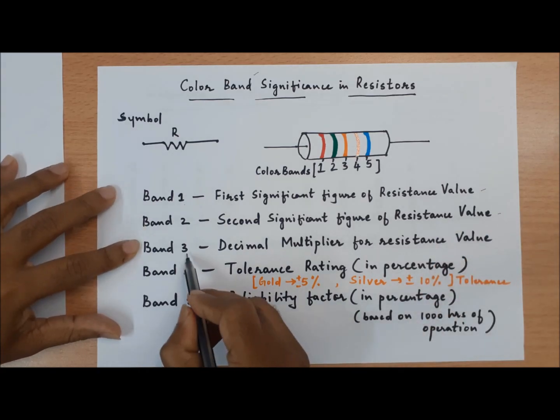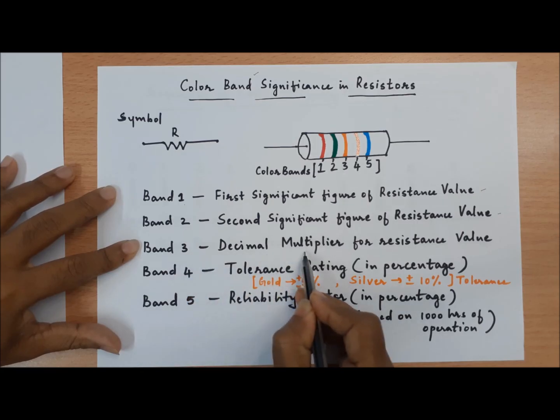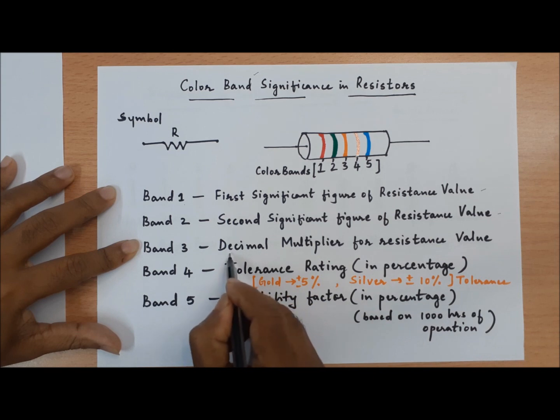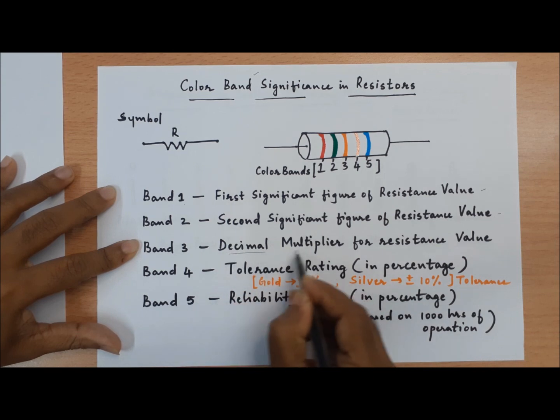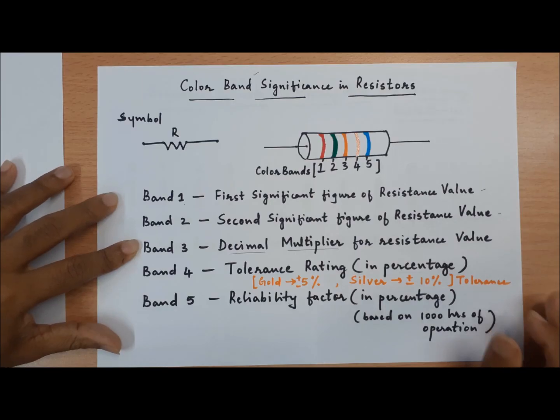What about the third band? The third band represents the decimal multiplier for the resistance value. So please note, band number 3 represents the decimal multiplier. So what is a decimal multiplier? We will try to understand by considering a practical resistance.